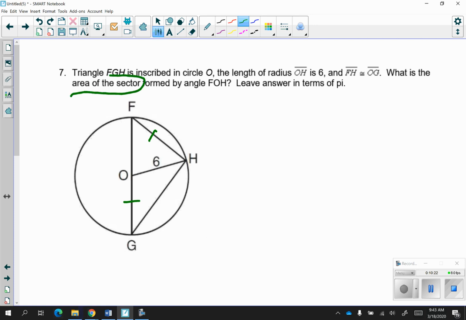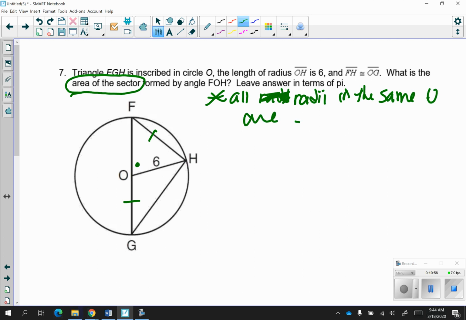So I know which formula I'm going to be using. Formed by angle FOH. I like to put a little dot in the angle that I'm looking for. Leave answer in terms of pi. So you notice OG is a radius. Things we want to remember is that all radii in the same circle are congruent.